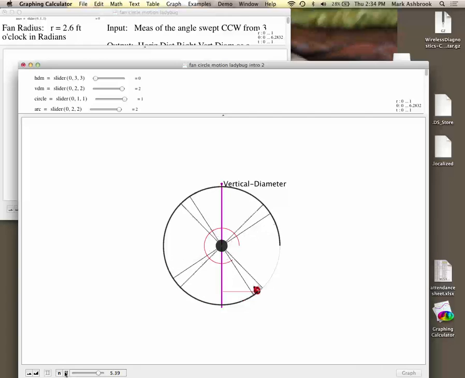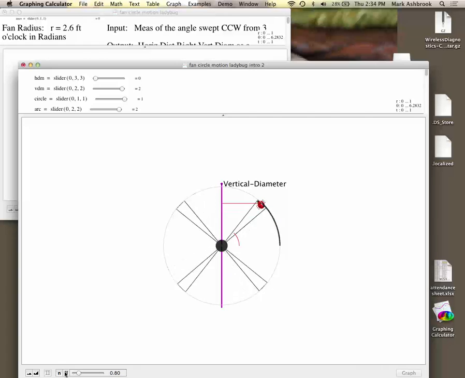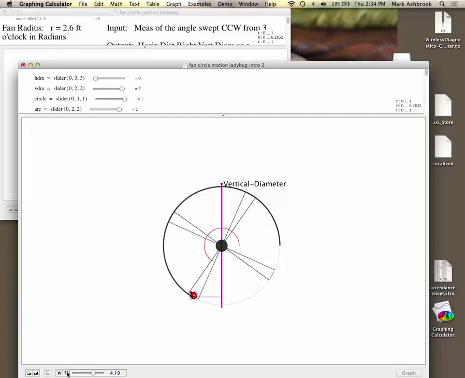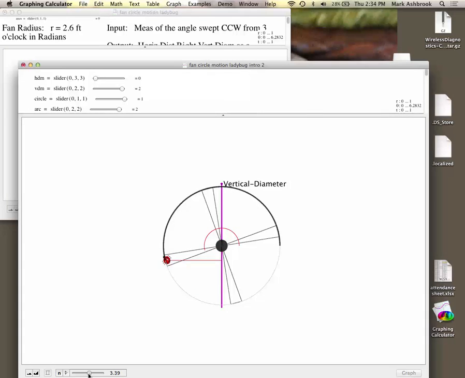3 and... Okay. What about at 9? So let's talk about 9 o'clock. What is the horizontal distance to the right of the vertical diameter?